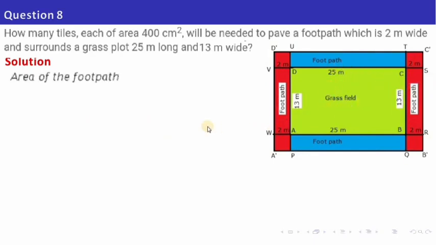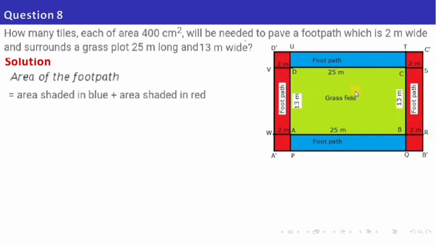Now I'll find the area of the footpath. For finding the area of the footpath, I'll find the area of the shaded region in blue, so area of the blue region plus area of the red region.